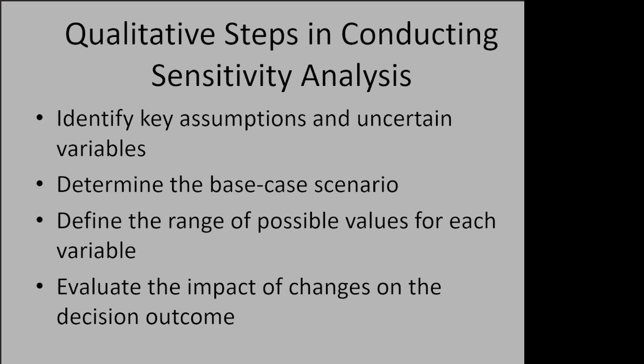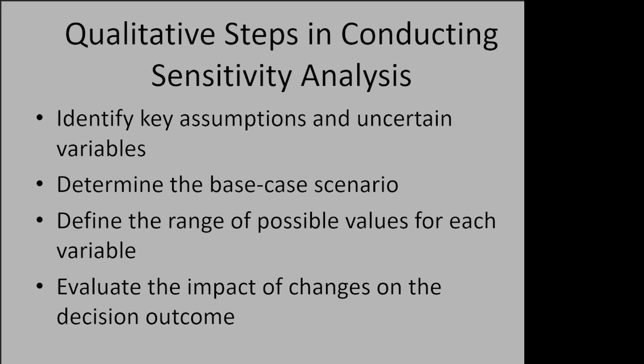Qualitative steps in conducting sensitivity analysis. The first step in sensitivity analysis is to identify the assumptions that are most uncertain and impactful. For example, you might look at unit sales, fixed costs, variable costs, or discount rates. Once you've selected those key variables, you define a base case scenario. This is your best estimate based on available data.